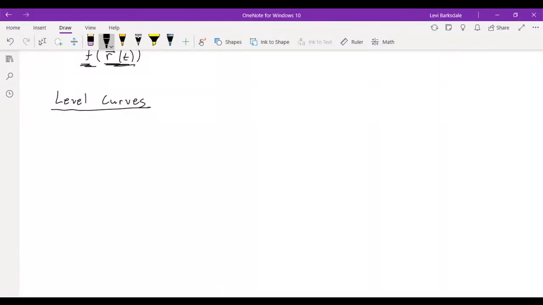Okie day. Level curves are pretty important. They are one way to help visualize functions of multiple variables. Let's jot that down.